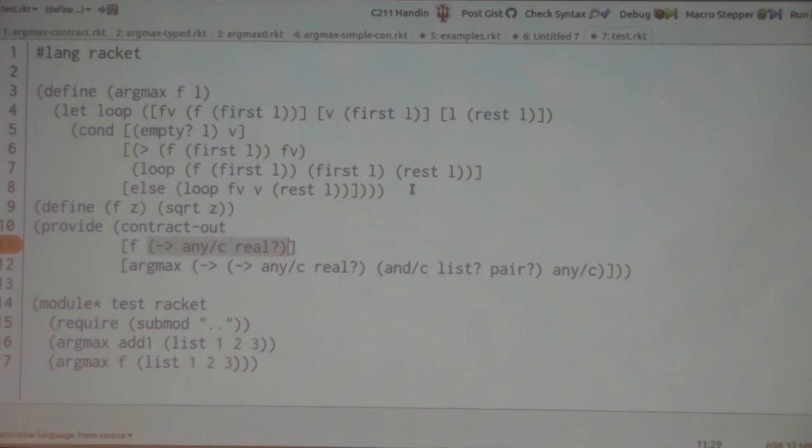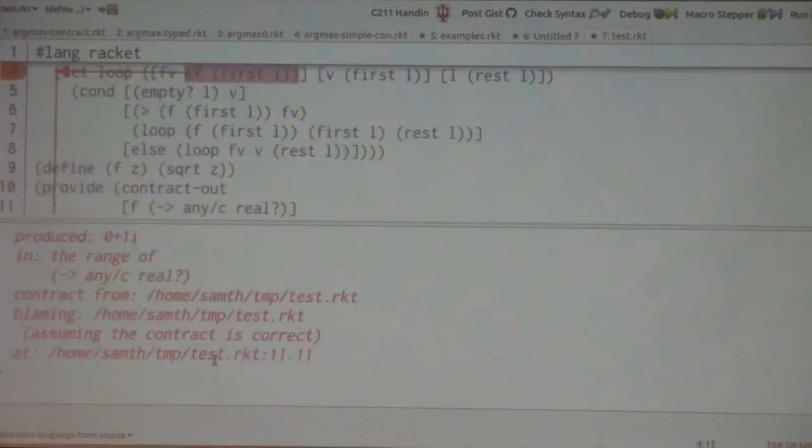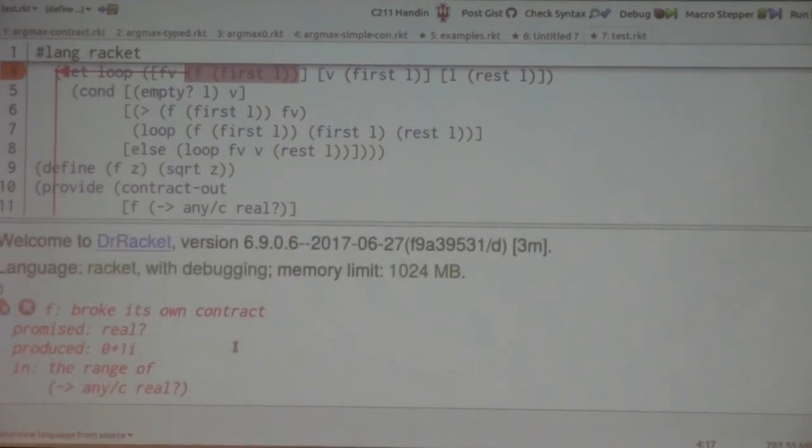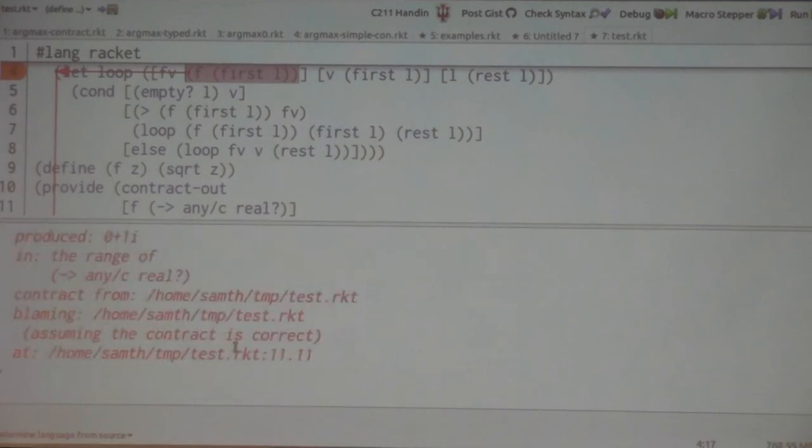So now we know that f of z is going to produce a real number. Otherwise, we're going to get an error blaming f. So let's actually look at what that error looks like. So here's f. We see that f is the one that's broken the contract, and we're blaming the test module.